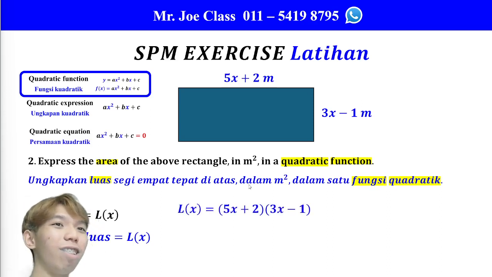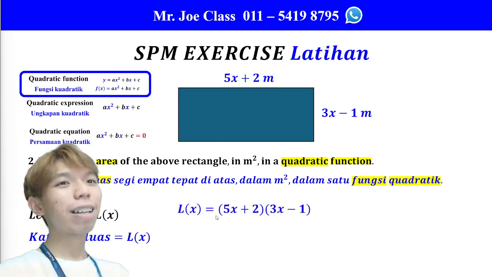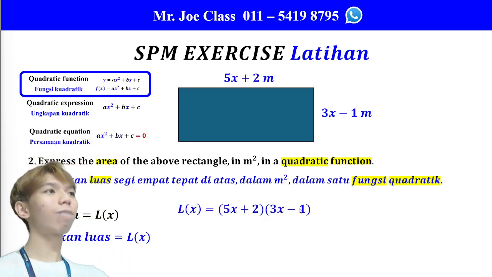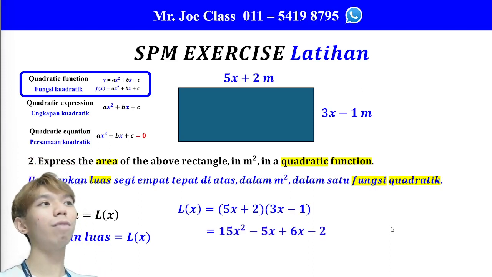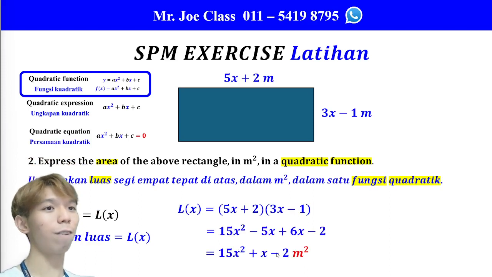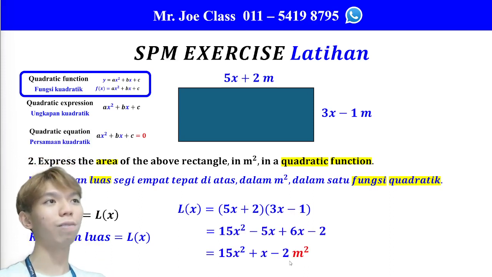So A now changes to L(x). L(x) equals 5x plus 2 times 3x minus 1. Then you solve the remaining, the answer is still the same, 15x squared plus x minus 2 meters squared.